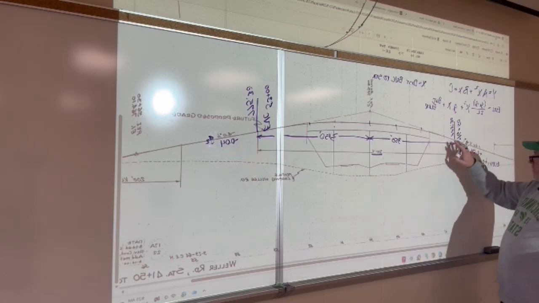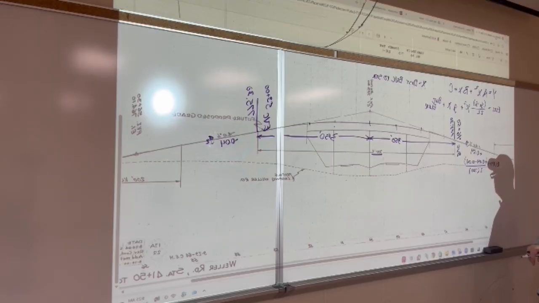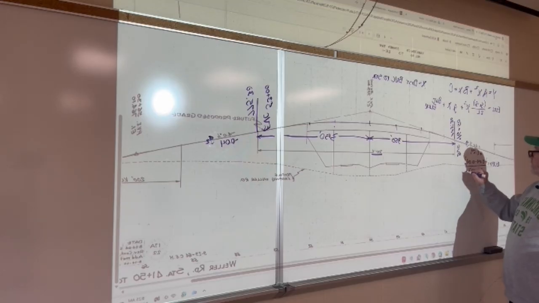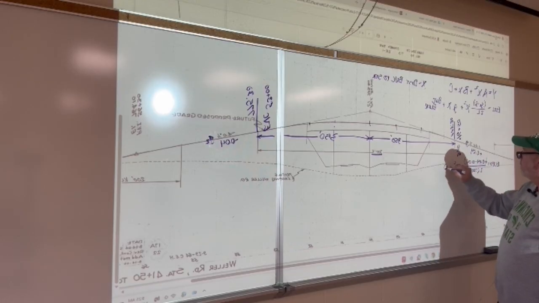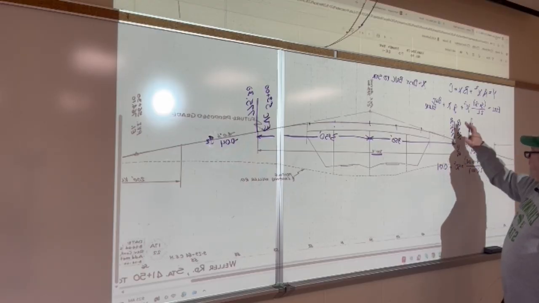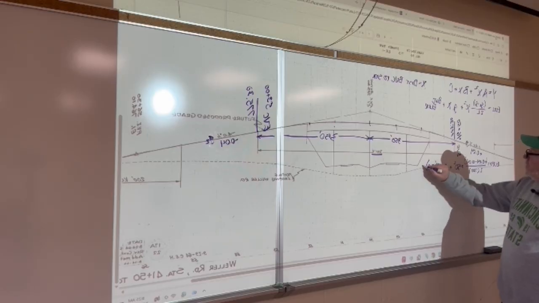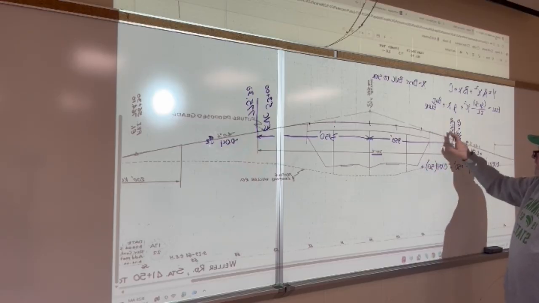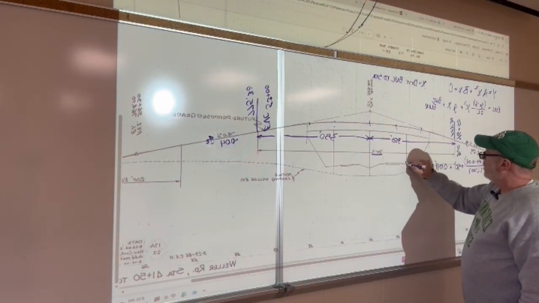What's our x? What's 47 plus 00 minus 46 plus 50? That's 50 feet, right? So this whole quantity times 50 squared, plus G sub 1 times x, plus the BVC elevation, 775.30.